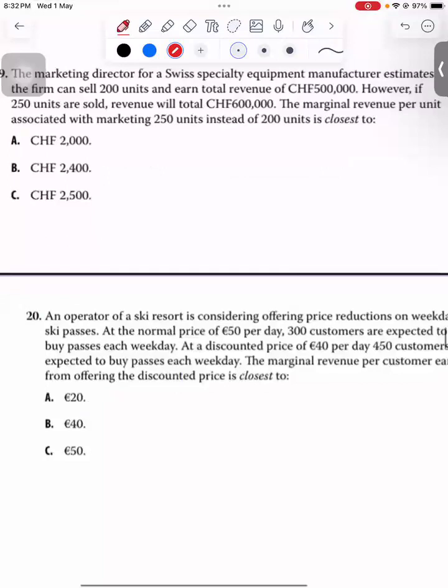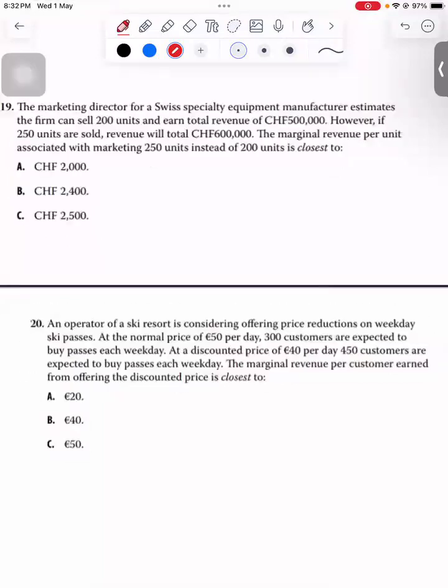What about 20? I will explain the 20th question to you.